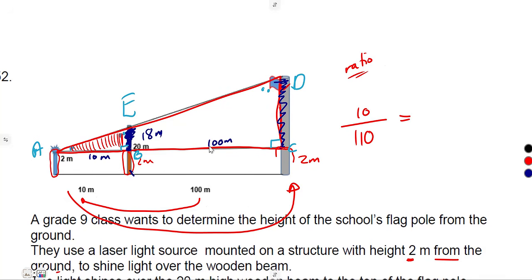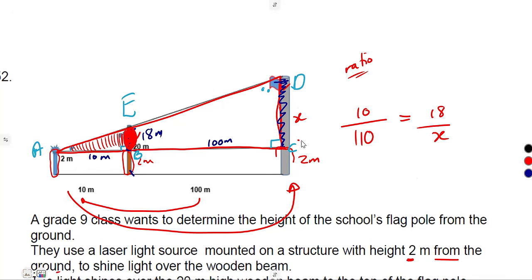It must be equal to the corresponding 18, the height in the triangle. It corresponds to this height of the triangle, which is of the flagpole, but it is the height above, from C to D. So let's just call it H, or we can just call it X. So it's going to be 18 over X.